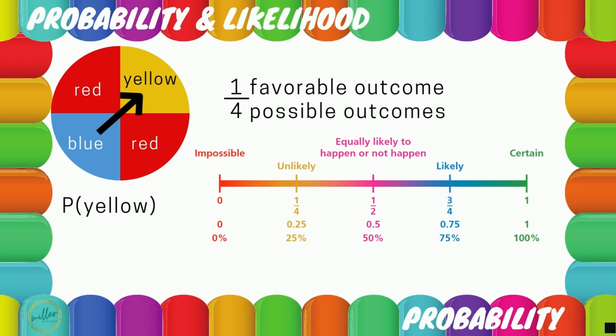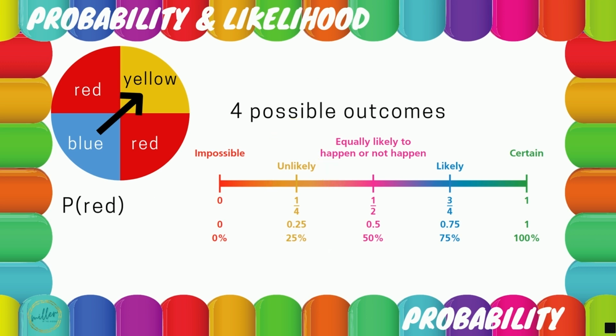Out of those 4 possible outcomes, one of them is yellow, so one of them is favorable. This means that our probability of spinning yellow is 1/4, or 0.25, or 25%, and the likelihood is unlikely. If you were hoping to get a yellow in order to win a game, you are unlikely to get that yellow. Is it possible? Yes, but it's not likely.